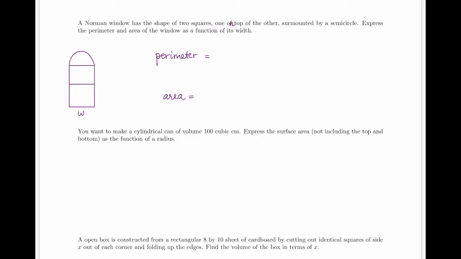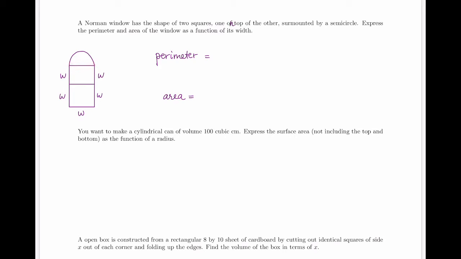Okay, so let's go through and make sure we can actually label the entire picture with our given variable. Now these guys are squares, which means that all sides are equal, so this will also be all width. So will this length right here.